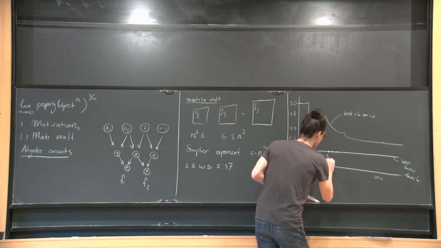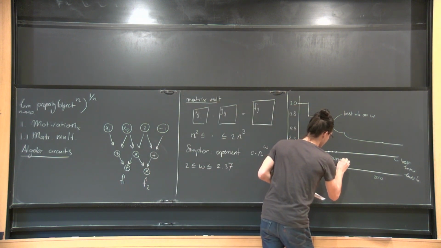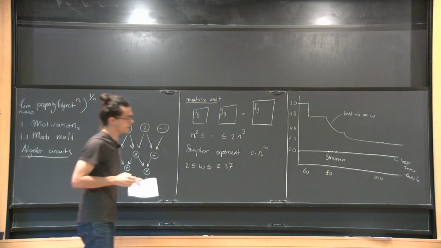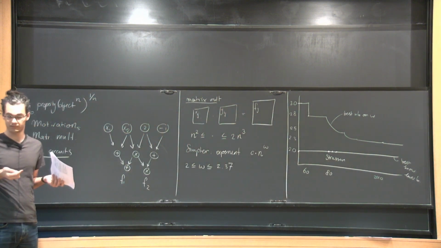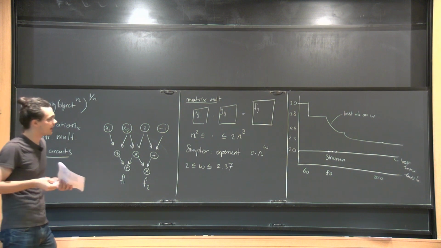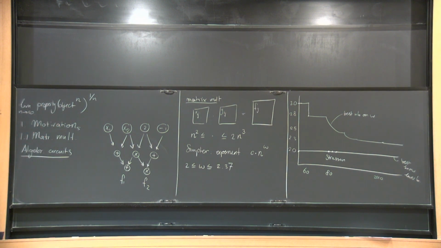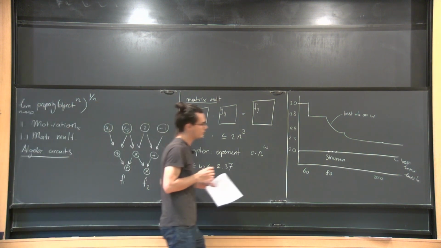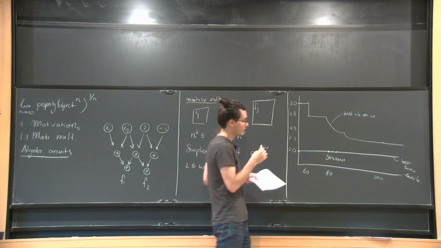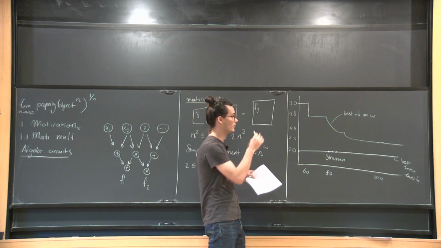So here we have these papers of Strassen, which you can think of as a theory of lower bounds. And what we will see next week is that we can use this theory to prove barriers for certain methods of constructing algorithms.